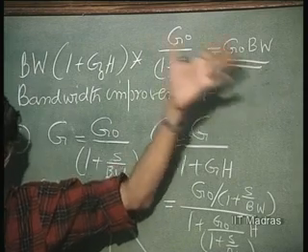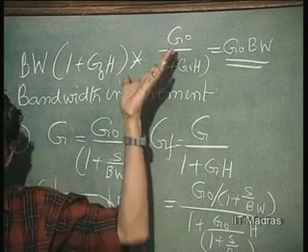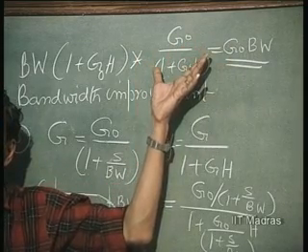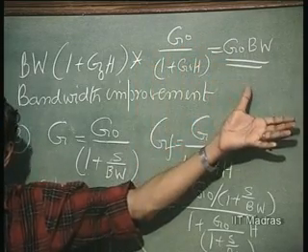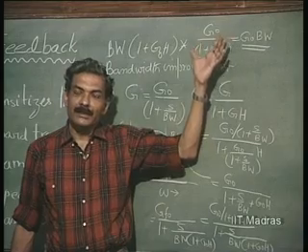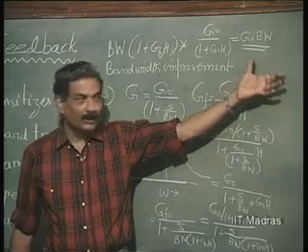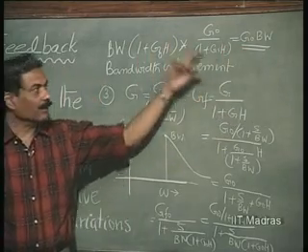Is this clear? When it has a gain of 10, it has a bandwidth of 100 kilohertz. When it has a gain of 100, it has a bandwidth of 10 kilohertz. When it is a gain of 1, it has a bandwidth of 1 megahertz. So, gain into bandwidth is a constant factor.